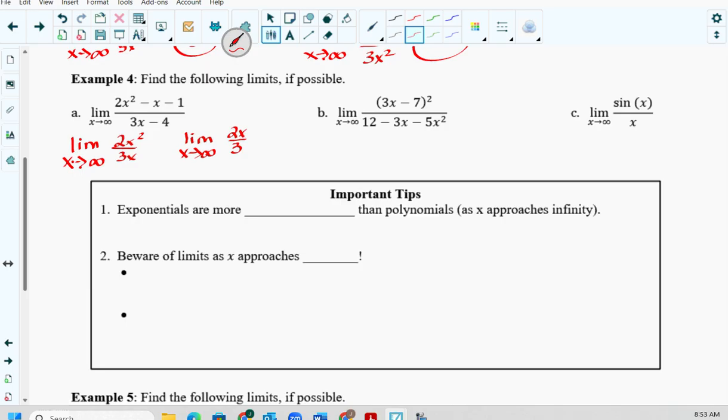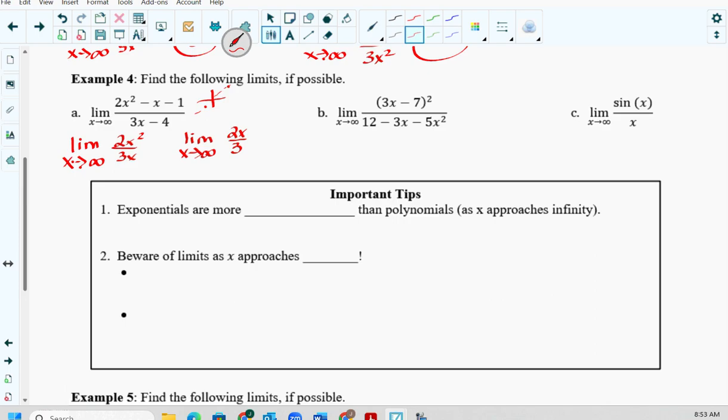If I plug infinity into that, I get 2/3 times infinity. What do you think that is? Infinity. 2/3 times infinity, still infinity, right? Still very, very big. Because what you're doing here is finding the slant asymptote. That is the slope of your slant asymptote, this 2/3 in front of the x.